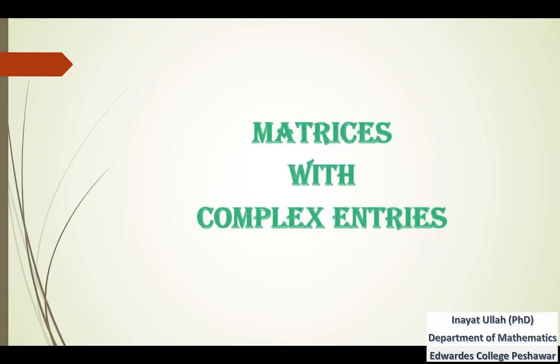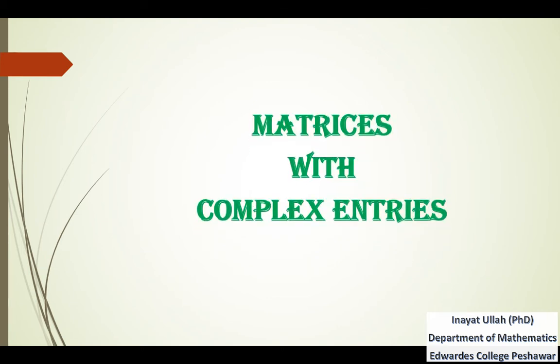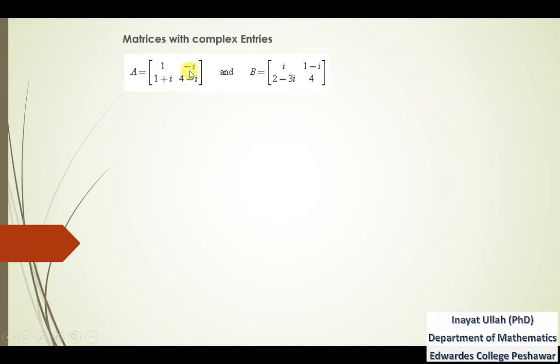Students, in this lecture we will study matrices with complex entries, those matrices which contain elements which are complex. Let's say A is a 2 by 2 matrix whose entries are 1 minus iota, 1 plus iota, 4 minus iota.